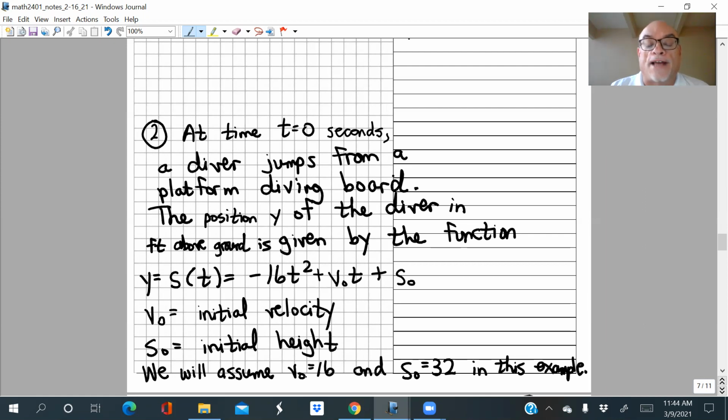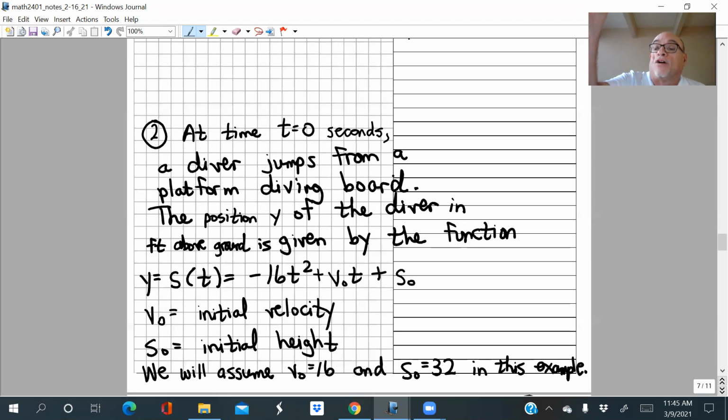We're going to assume that for our diver, the initial velocity is 16. Notice that's positive. It's 16 feet per second because this is a velocity, right? But it's positive. So that means that, as you would sort of expect, initially the diver is going to go up, right? Okay, so the diver's jumping up or springing up, if it's a springboard.